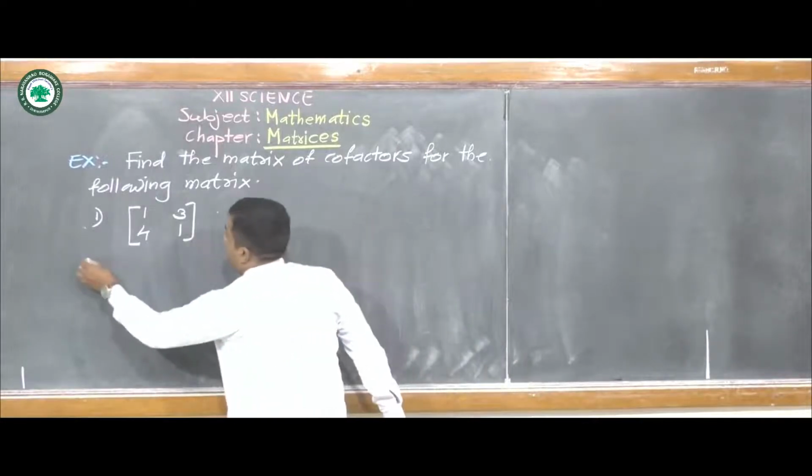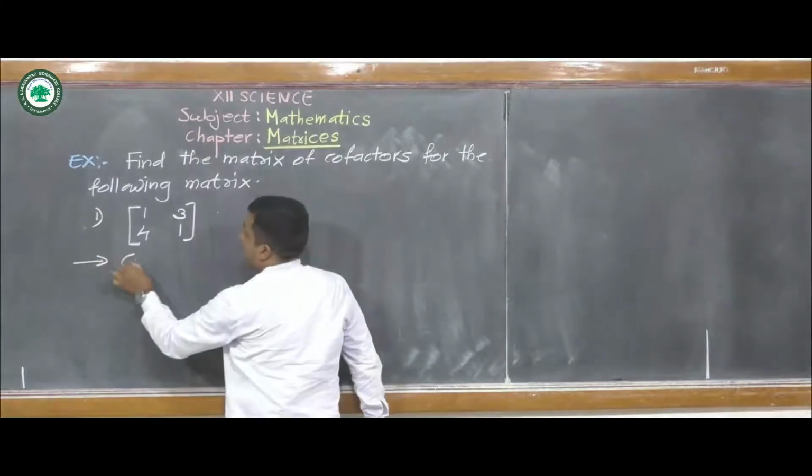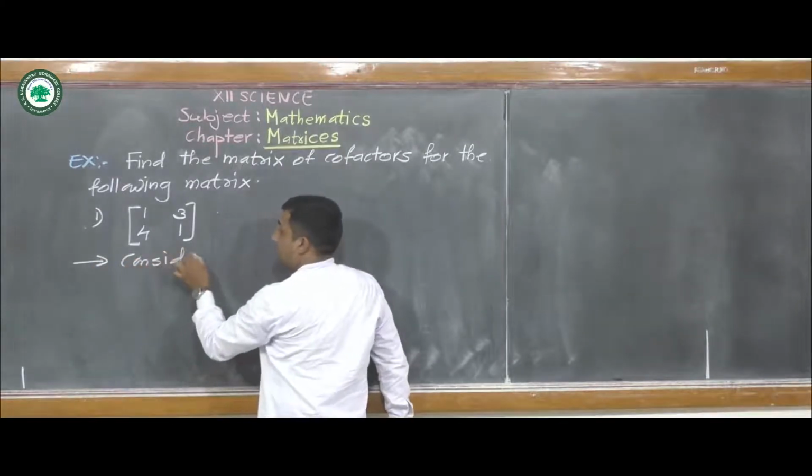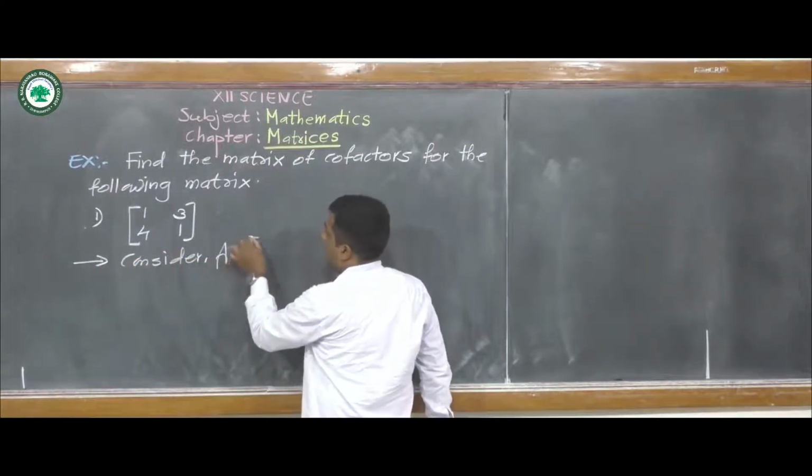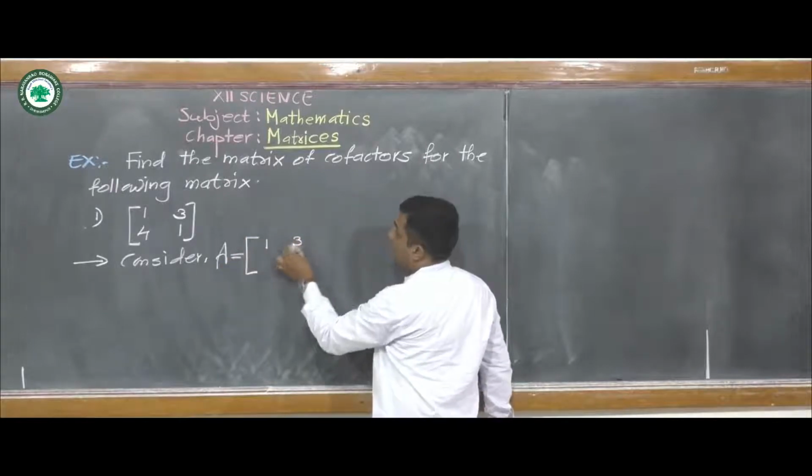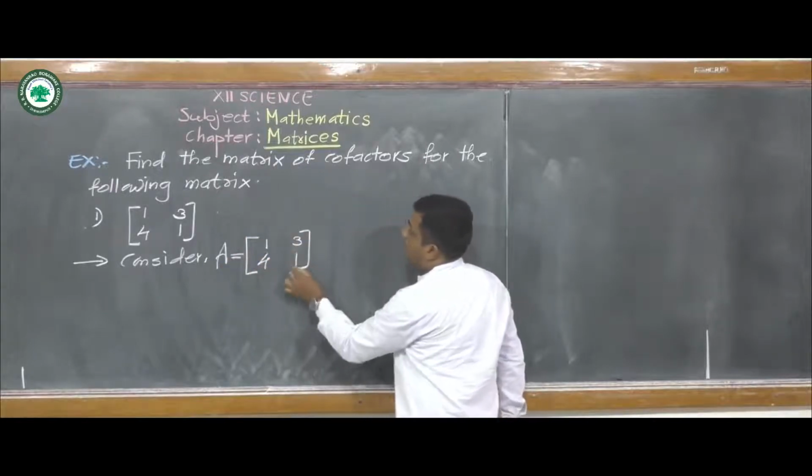Consider A is equal to the matrix having elements 1, 3, 4, 1.